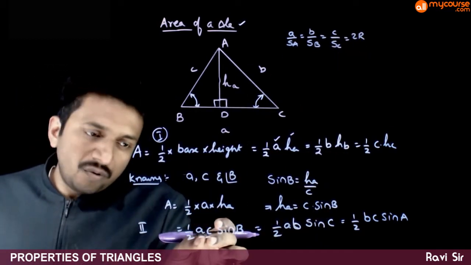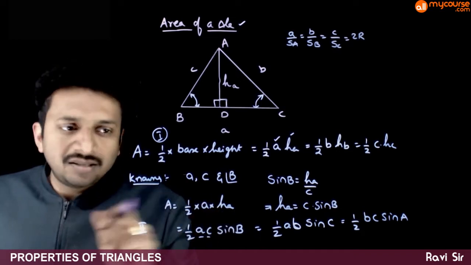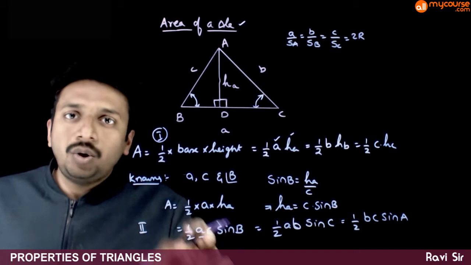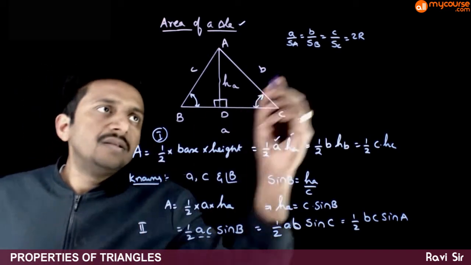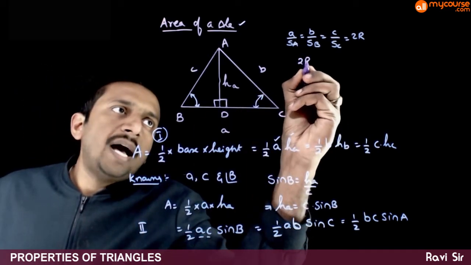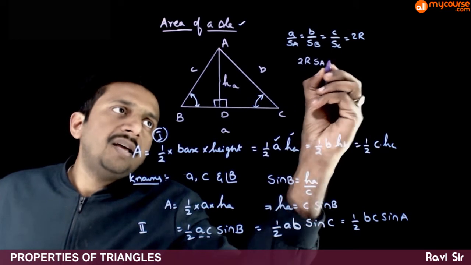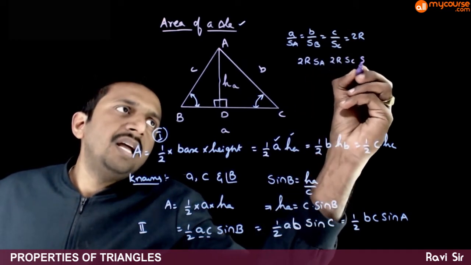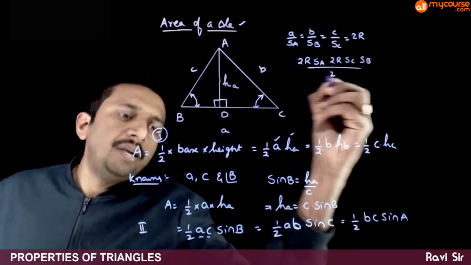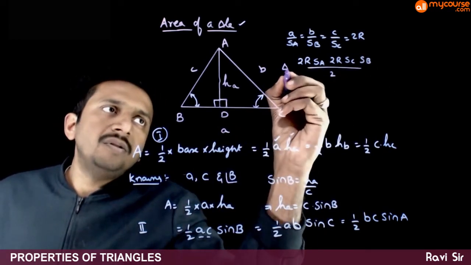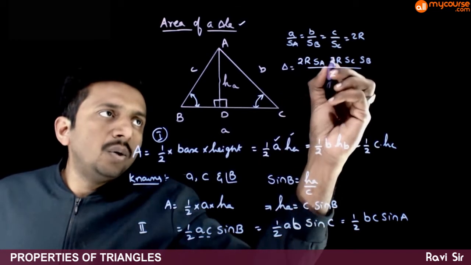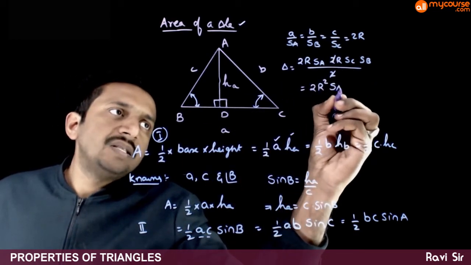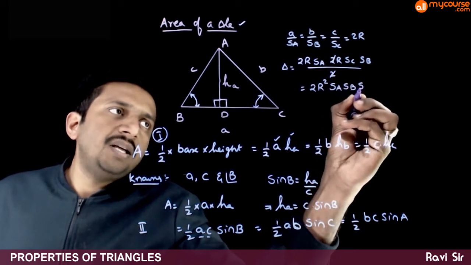If you want to convert the whole formula in terms of sines, a can be written as 2R sine A, c can be written as 2R sine C. So half times 2R sine A into 2R sine C into sine B. This is also a formula for area. The half and 2 will get cancelled out. That is equal to 2R square times sine A, sine B and sine C.